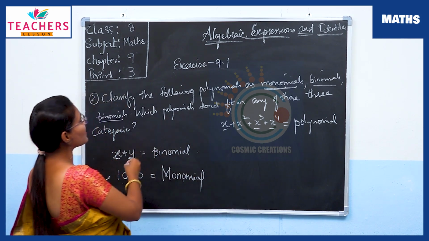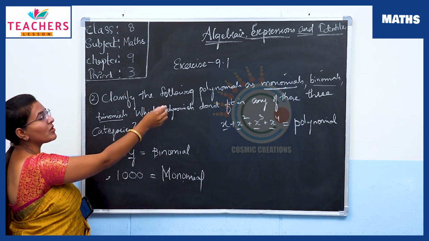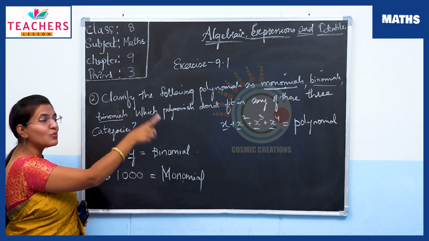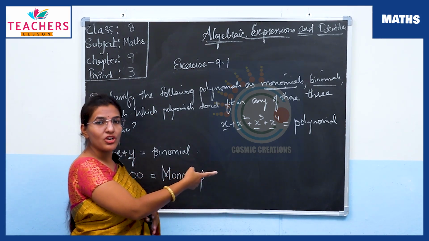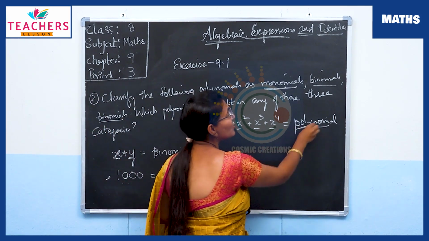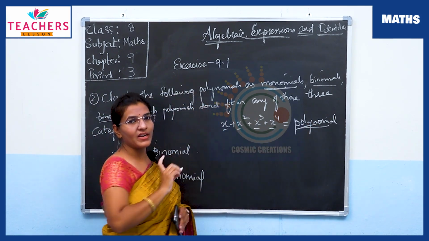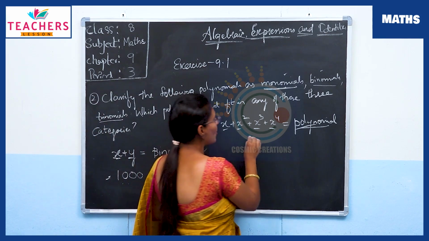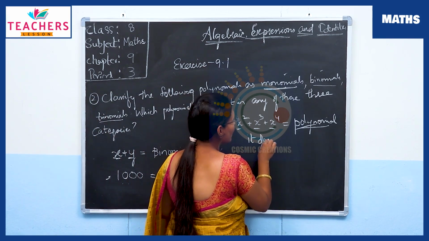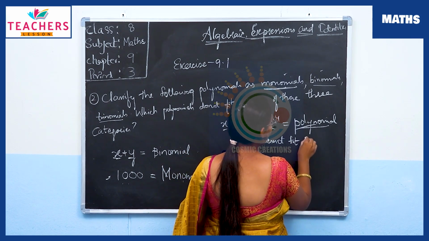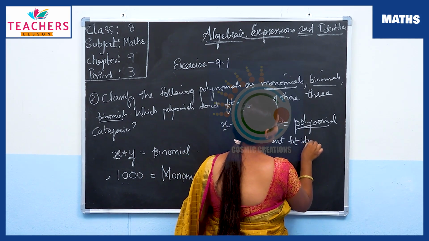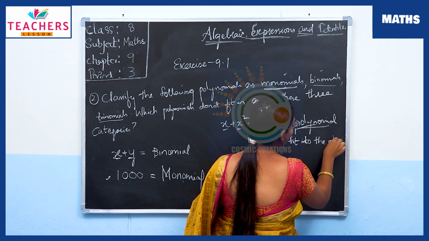What they have asked in the question is to classify the following as monomials, binomials and trinomials. They are not asking about the polynomial, right? So it does not fit into the given question, into the above 3 categories, right?